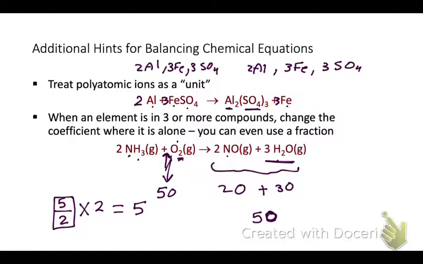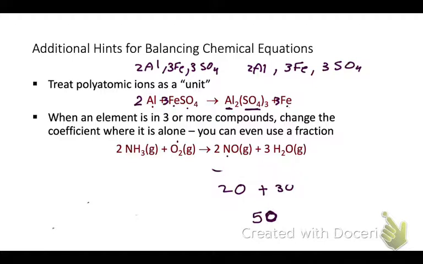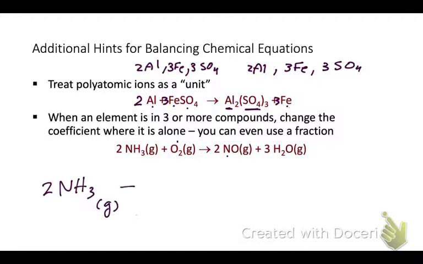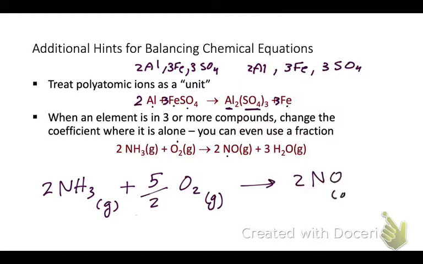So what I'm going to do now, I'm going to rewrite my equation and I'm going to say, okay, 2 ammonia gas plus 2.5 of oxygen gas will give me 2 nitrogen monoxide and 3 water vapor. Now, we don't like fractions, right?